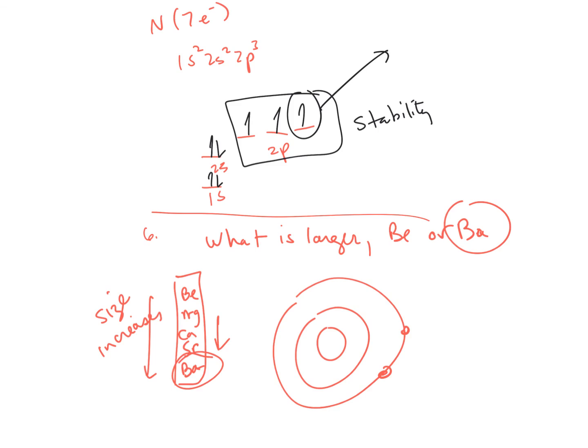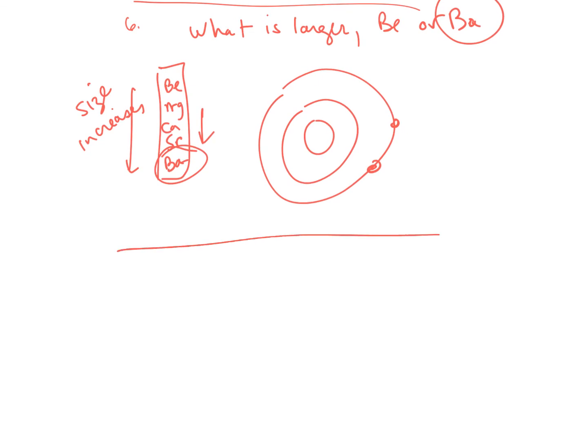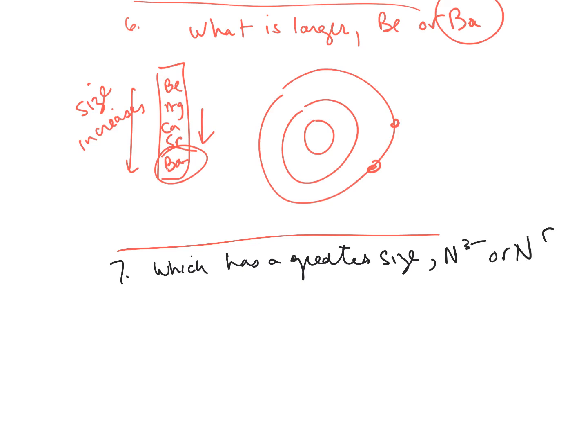Then which has a greater size, N3 minus or N neutral? So which has a greater size, N3 minus or N?